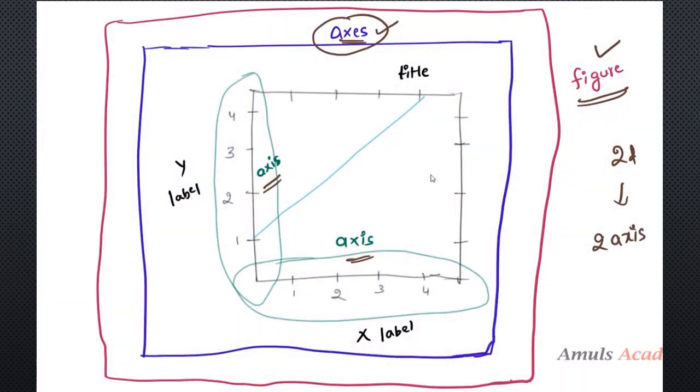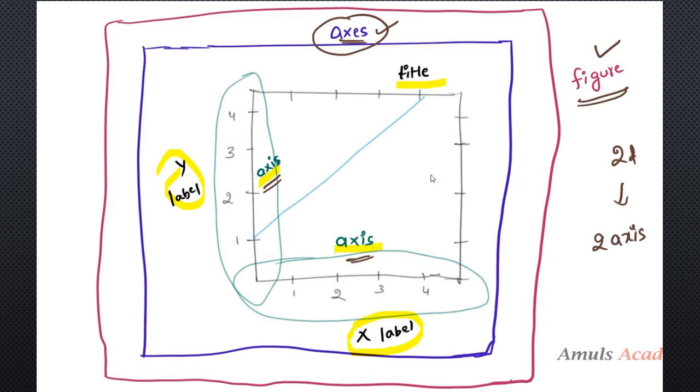This is one example of a diagram. This is the line chart, and it is called a figure. In this figure we have the x-axis and the y-axis. We can give names as x label and y label, and we can also give a title.